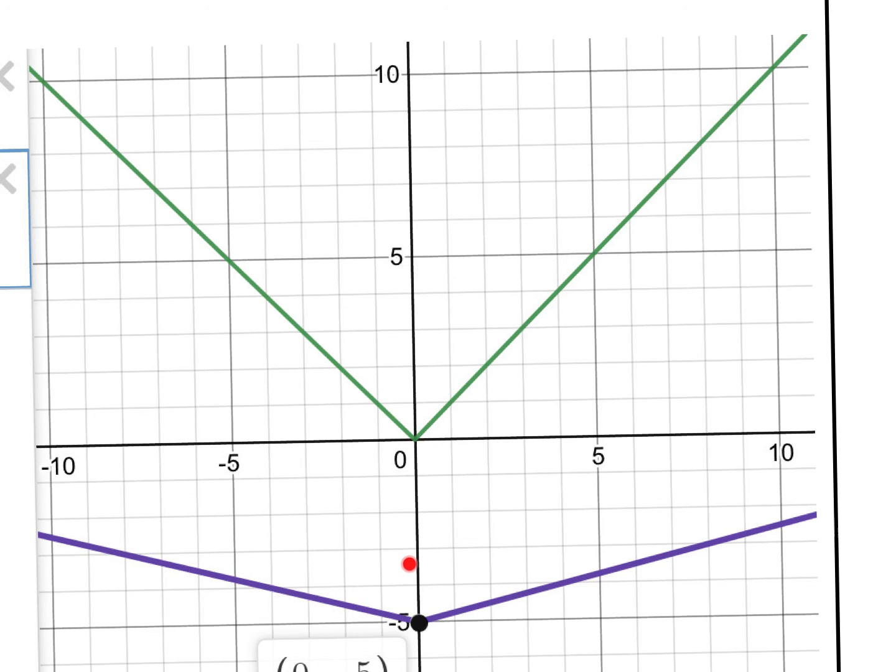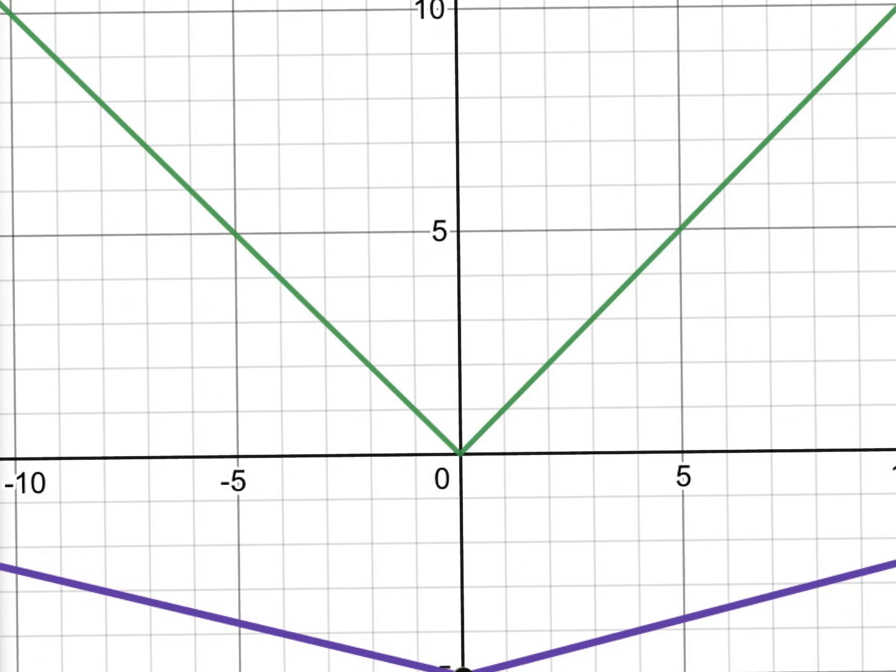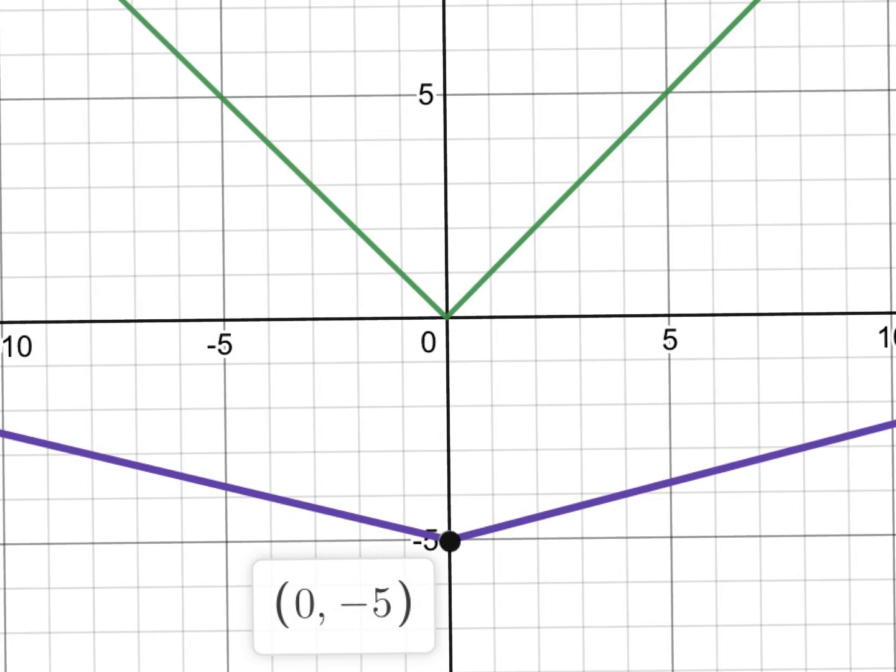The new one, y is greater than or equal to negative five. So this is the other notation of putting the number in the bracket because it does pass through that point, and then it's going up towards positive infinity. So with absolute value ones, you can always look at the y coordinate of the vertex to figure out what the highest or lowest value is.